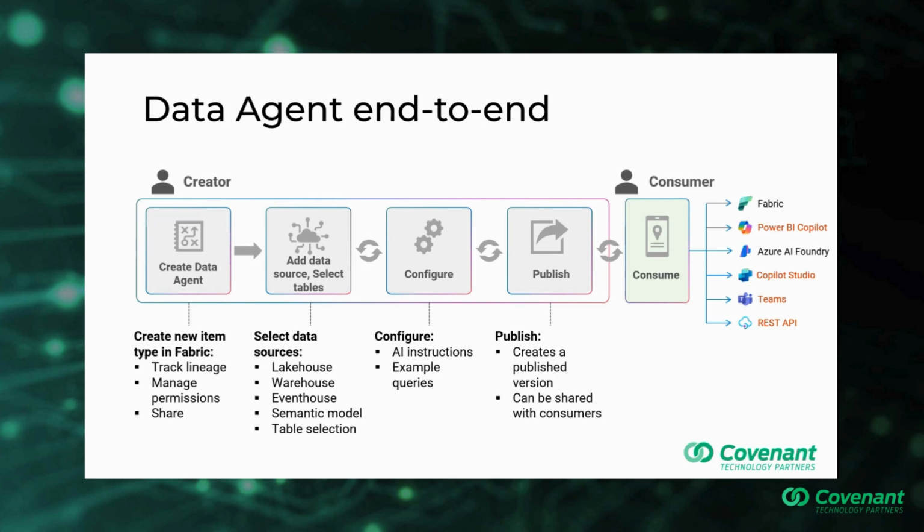We don't have referential integrity and joins established and so forth. So we want to give it some example queries on how to do it on its own. When we have it in a state where we think it's ready, we can now publish it. It now becomes a versioned agent, and that versioned agent can then be consumed downstream in a variety of services.